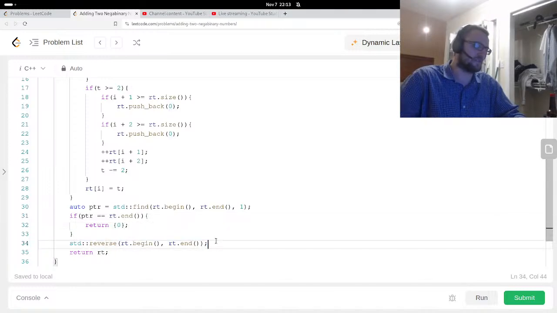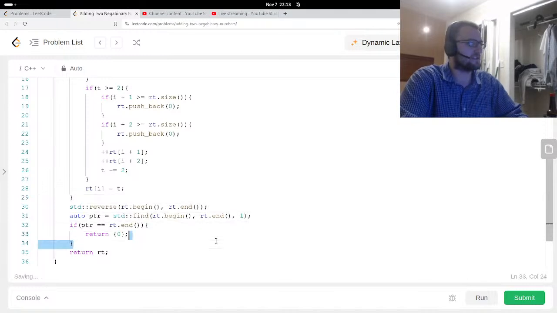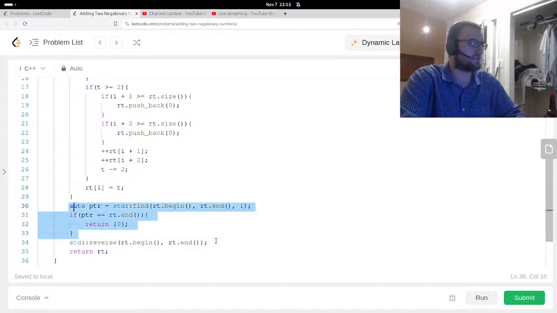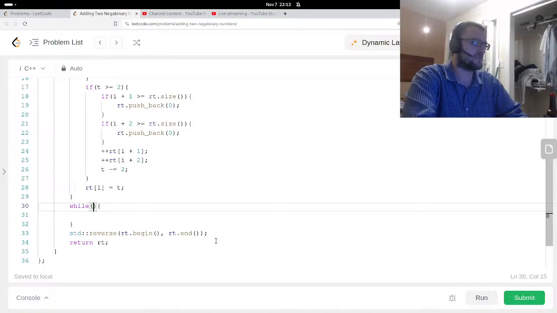Okay, so let's do it this way. We'll reverse, and we'll say, oh no, other way around. I know what to do. While rt size is greater than 1 and rt back is 0, rt pop back.